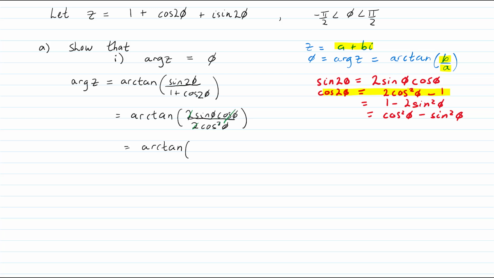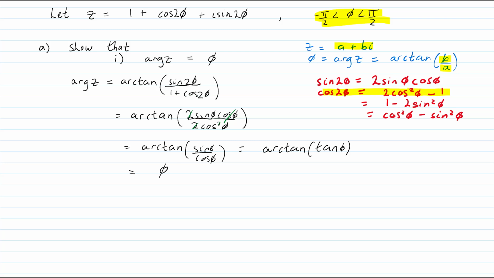So we're left with arctan of sine theta over cos theta, which is equal to arctan of tan theta, which means then that that is equal to theta. So we've proven then that the arg of z is equal to theta. Okay, and we are between negative pi over 2 and pi over 2.